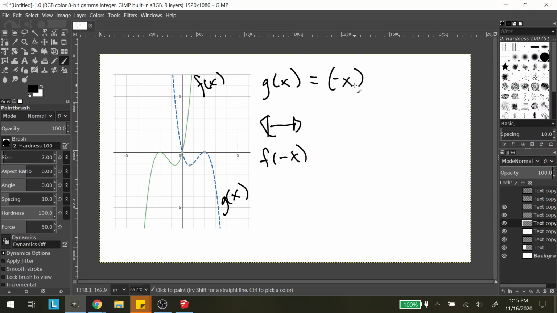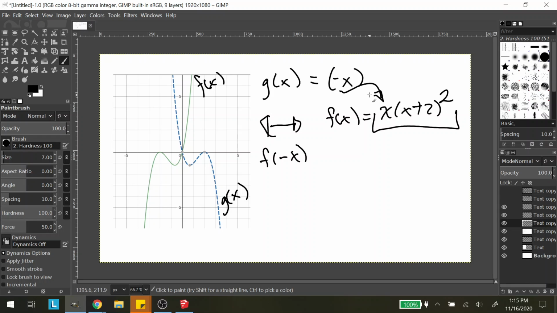Now that's all really nice, but what if they give you some hideous equation? Like the equation for f of x is actually x times (x plus 2) squared. That's the equation for f of x. Now, if they give me the equation, I now have to apply this to this.